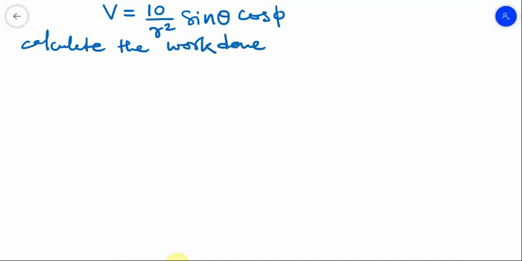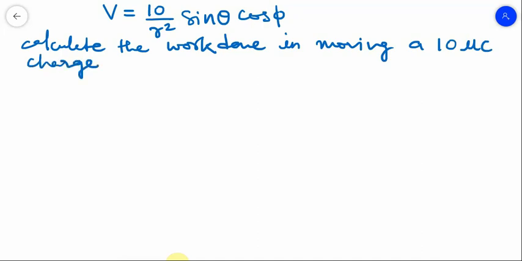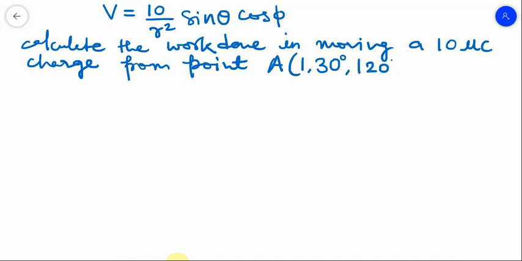Now you have to calculate the work done in moving a 10 microcoulomb charge from the point A, and the coordinates of the points are: first one is (1, 30 degree, 120 degree), to the point B, and the coordinate of B is (4, 90 degree, 60 degree).